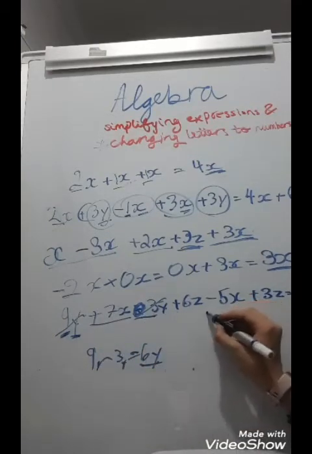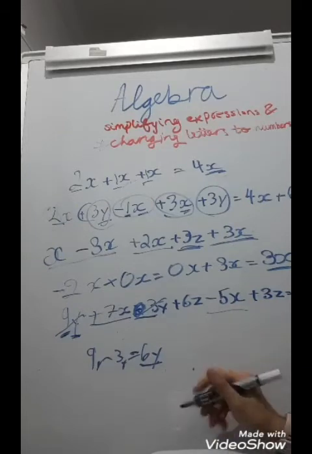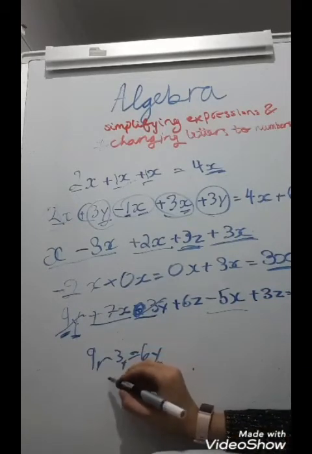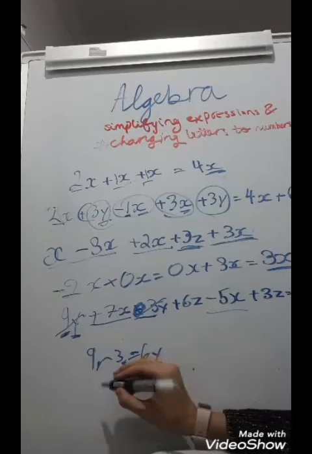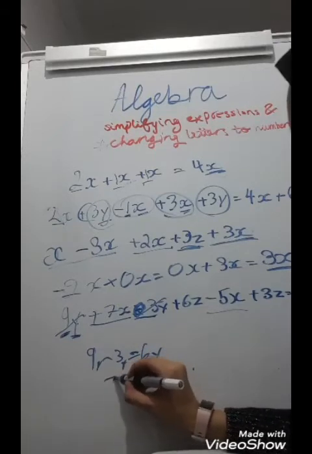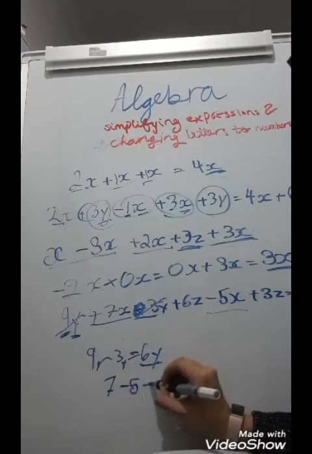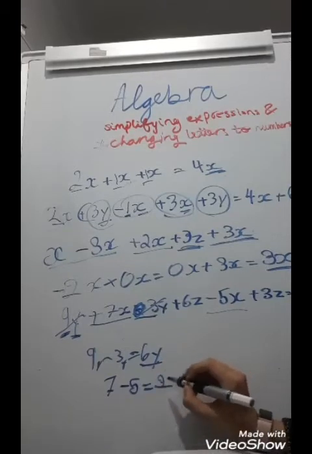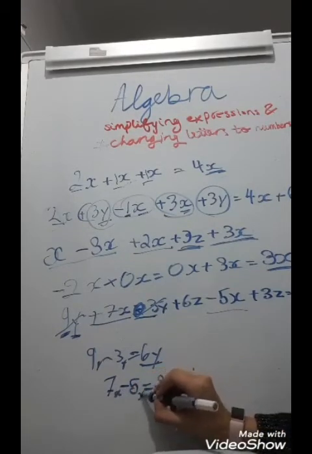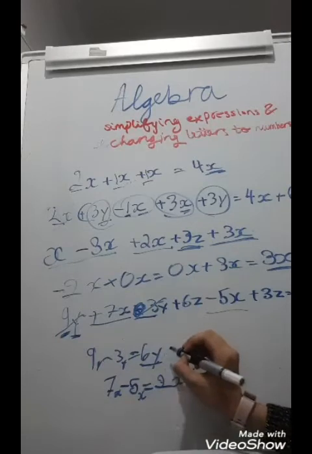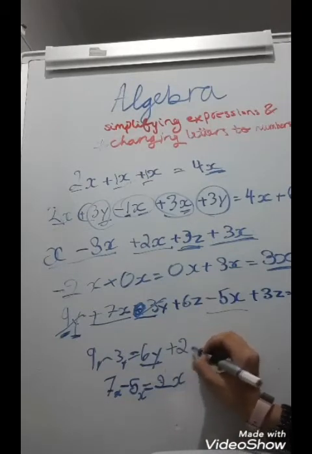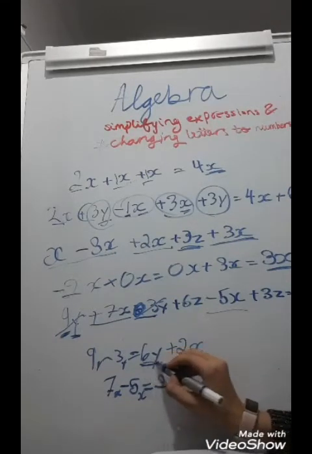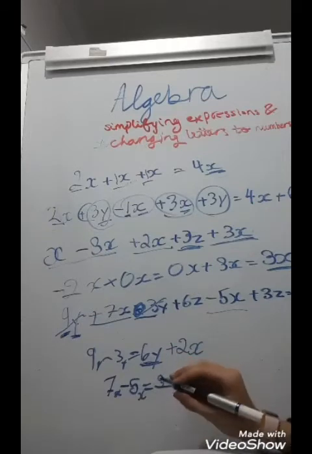Now we've got a 6y, we've got a positive 7x, we've got a negative 5x, and that just means 7 minus 5, and that equals 2. And then if we added an x here and an x here, that would equal 2x. So we're going to put a positive 2x next to the 6y that we've got.